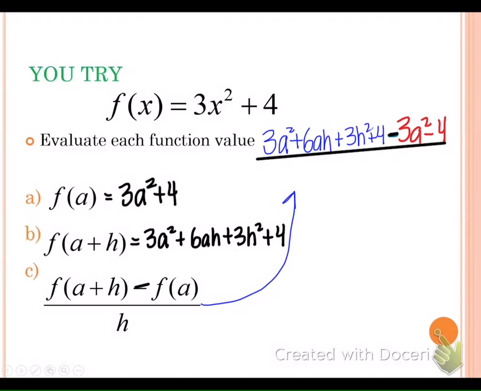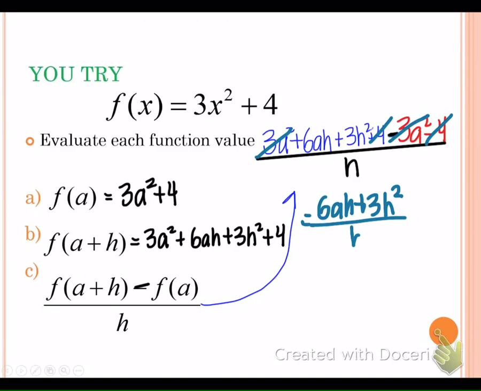We're going to divide this all out by h. Do any of those terms cancel out? Which ones? 3a squared, negative 4 and positive 4, leaving me my inside terms. I'm going to get 6ah plus 3h squared divided by h.